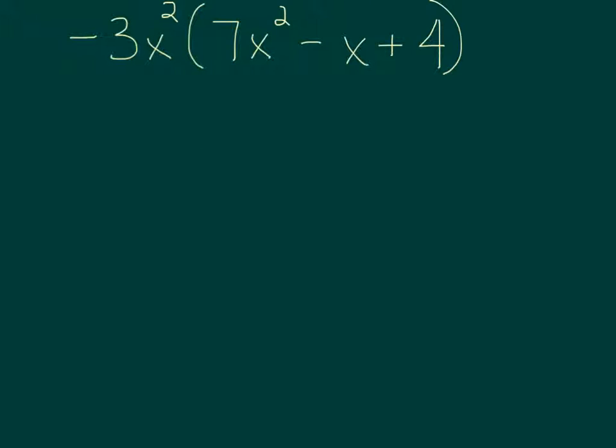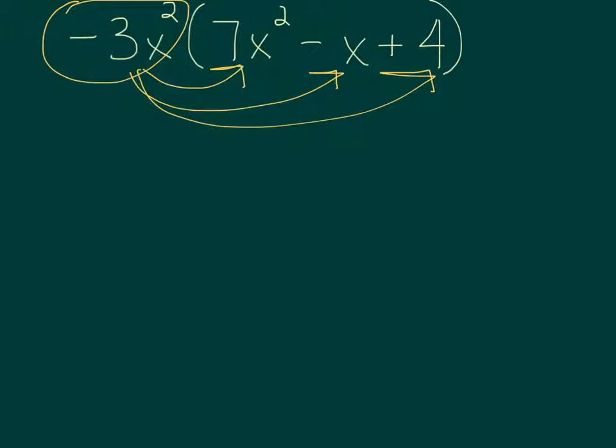So let's look at this example together. We're going to take this -3 and we're going to distribute it to everything that's inside the parentheses. Remember that when you're multiplying, you add the exponents.